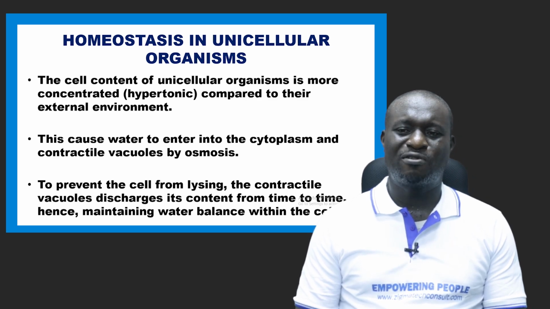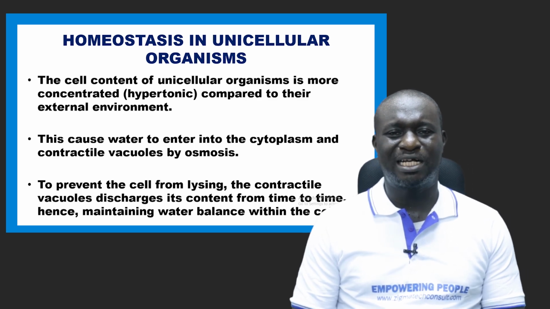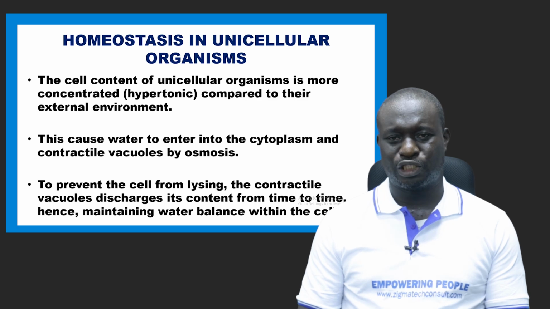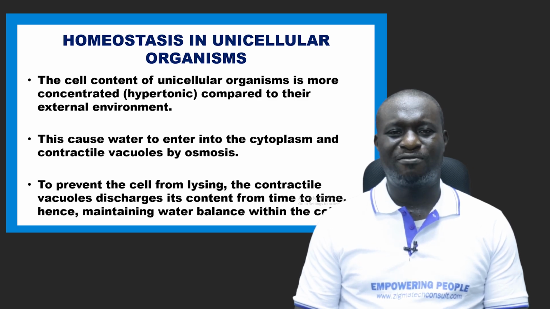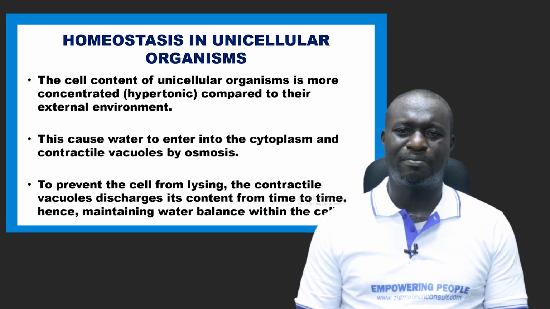Now, the contractile vacuoles keep taking in much water. To prevent the cell from swelling and bursting or lysing, the contractile vacuoles from time to time empty their content in order to maintain a water balance.